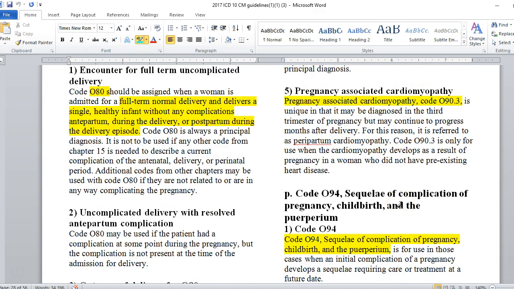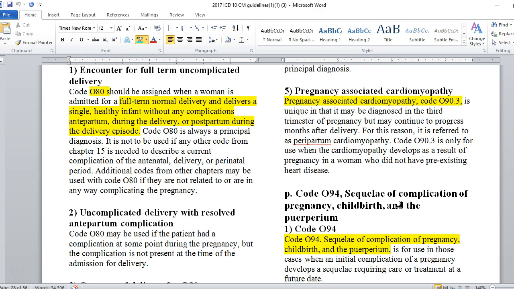Now, we also have pregnancy-associated cardiomyopathy. Code O90.3 is unique in that it may be diagnosed in the 3rd trimester of pregnancy, but it may continue to progress months after delivery. For this reason, it is referred to as a peripartum cardiomyopathy.